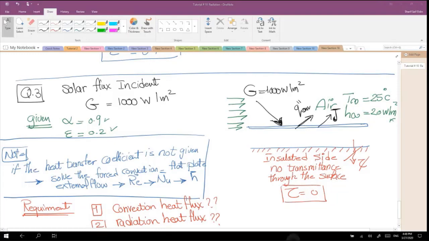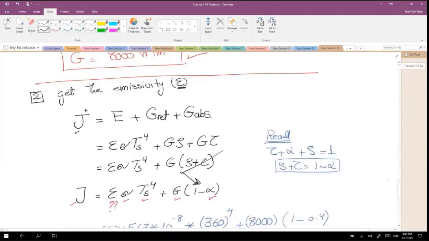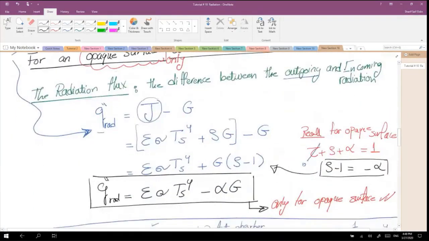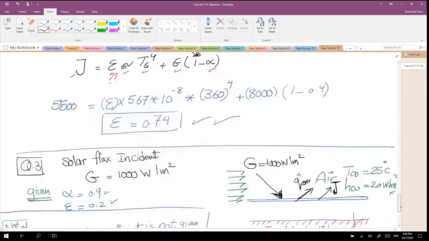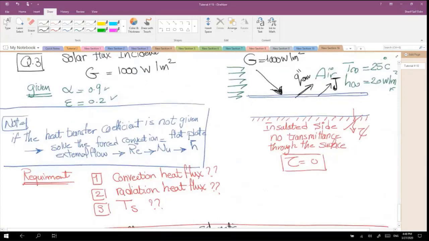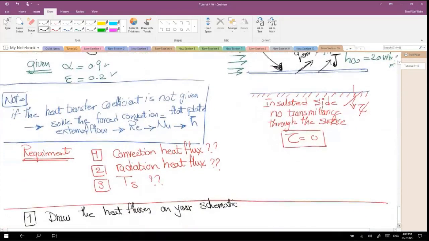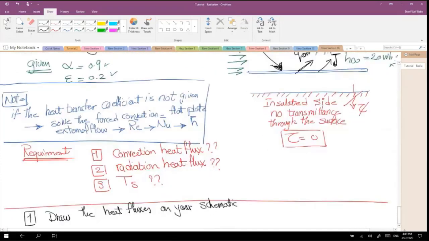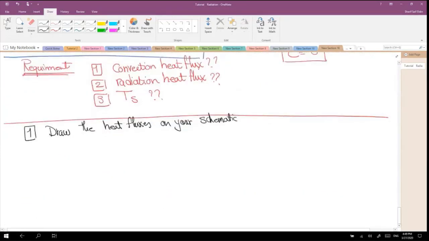And radiation, as I told you before, is included in the radiosity, so you don't have to account for it as another outlet from the plate, right? All right, so we've drawn the heat fluxes.